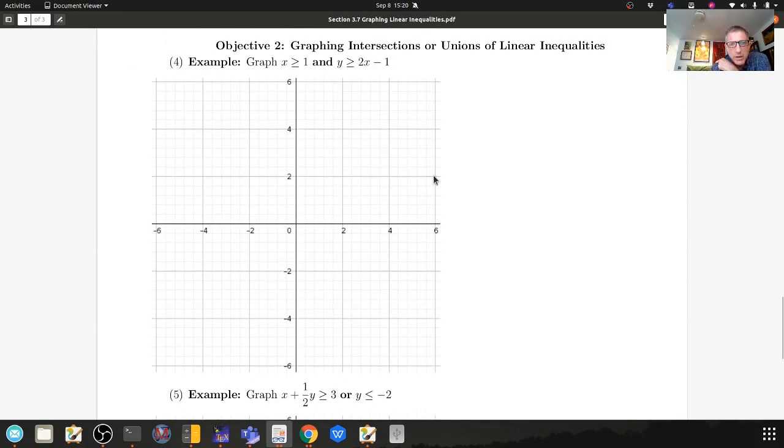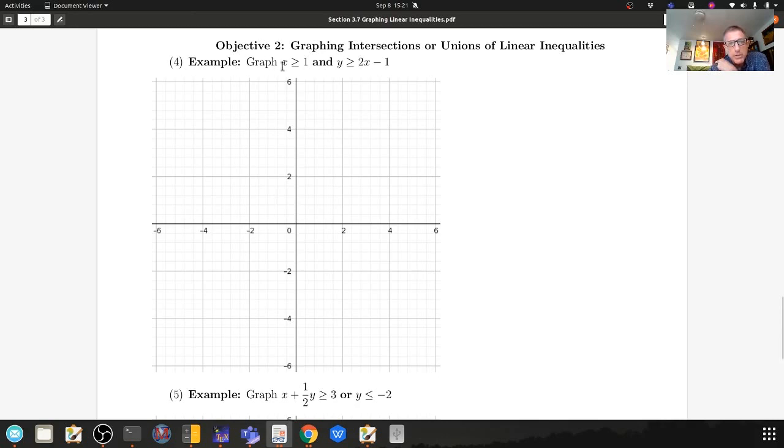Okay, so intersections and unions of linear inequalities. What we're going to be doing is graphing two different lines.